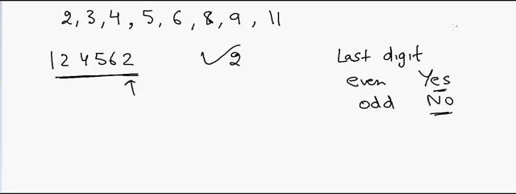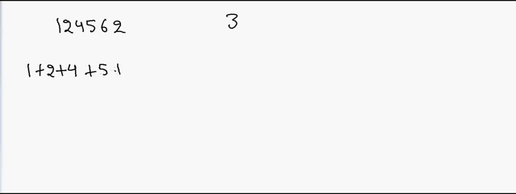Now let's talk about division by 3. If I have 1, 2, 4, 5, 6, 2 again, and I'm looking at whether it's divisible by 3 or not, what I'll do is add all these digits together. So 1 plus 2 plus 4 plus 5 plus 6 plus 2. That gives me 3, plus 4 is 7, plus 5 is 12, plus 6 is 18, plus 2 is 20.